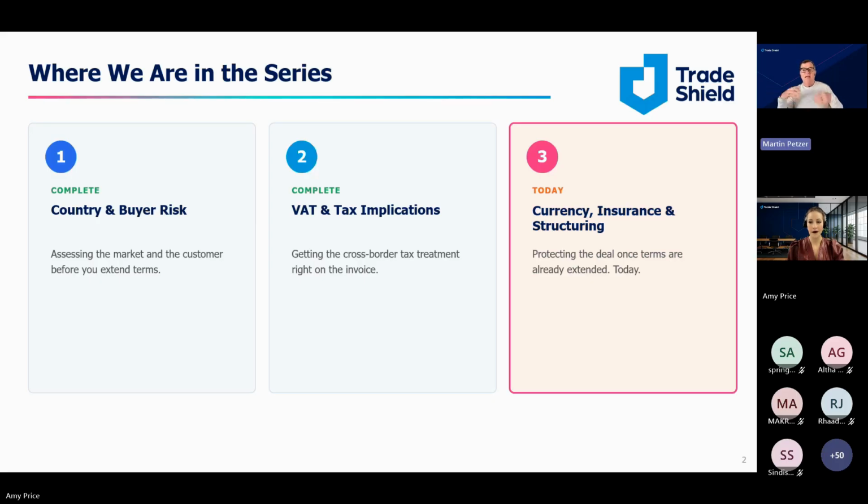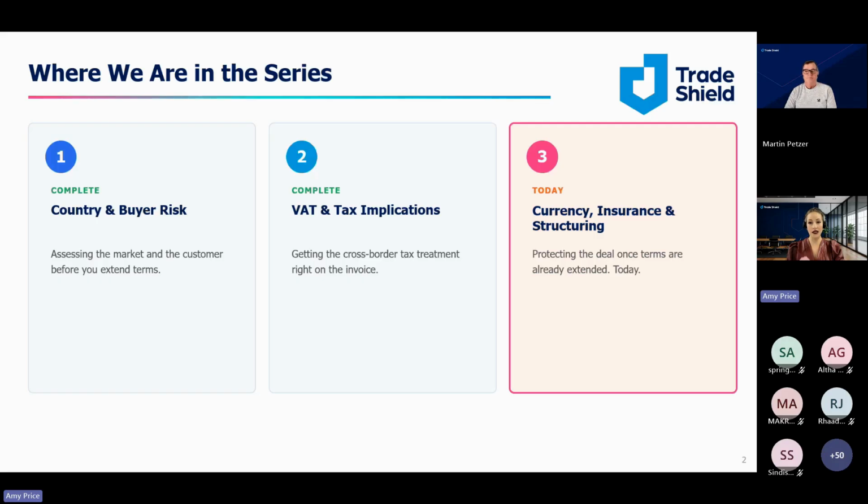Is there currency? Is there insurance? Is there structure? It flows into one another, and this closes that whole loop from assessing that very first bit of risk, the country and the buyer, to the very last bit. Is everything in place that I need to trade with this company?